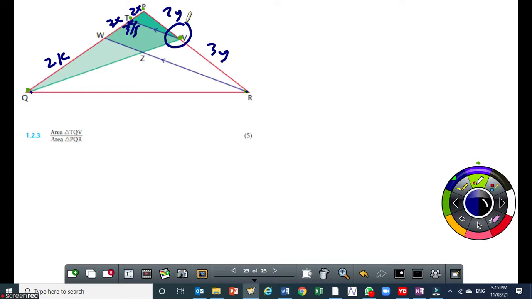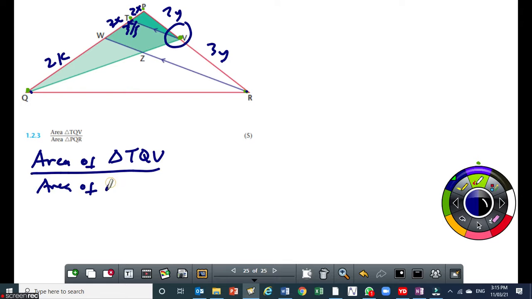So this is what you do now. I'm going to write it in full for you so that you can understand. So it will be area of triangle TQB over area of triangle PQR is equal to. Now here you have to use a mathematical technique such that when you multiply the areas, you come up with this.